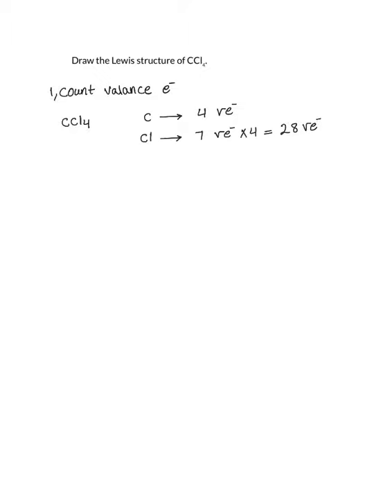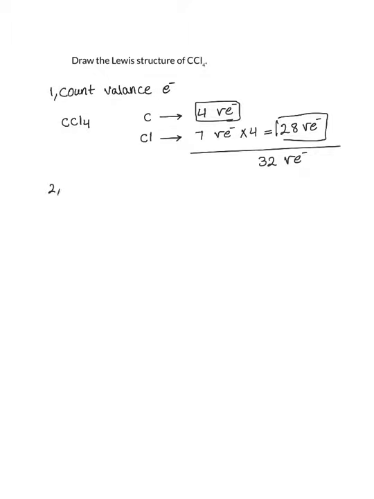If you do the math and add these numbers together, you are going to figure out the number of valence electrons for carbon tetrachloride, which is 32 here.